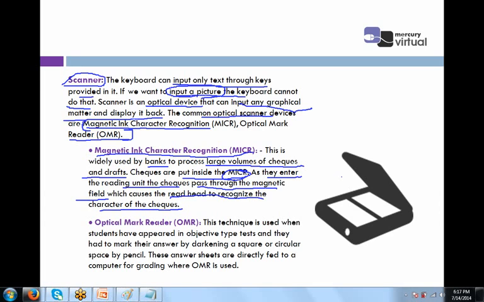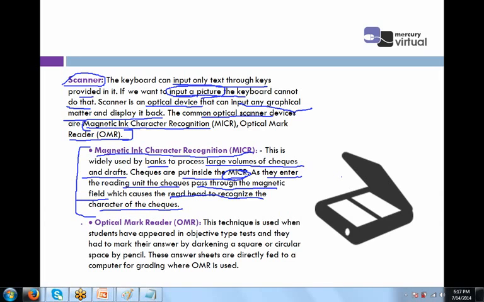This is how we recognize the digits and the number of the check. All this is done by the MICR. So in simple terms, MICR is a type of scanner which converts hard copy into soft copy, and it is used by banks to process checks in an efficient manner.